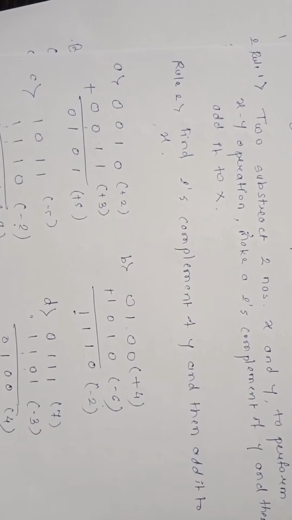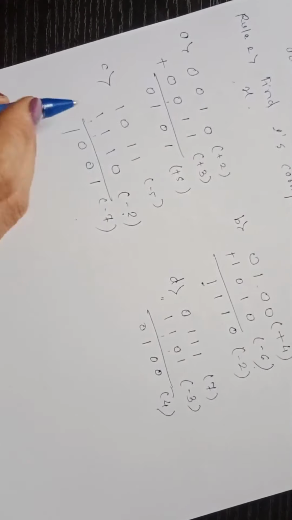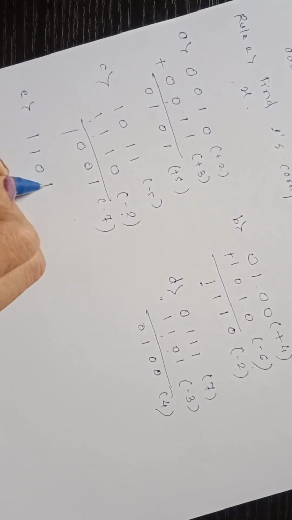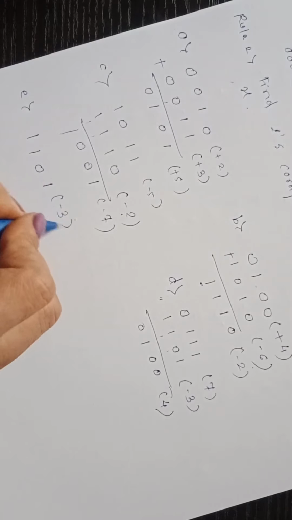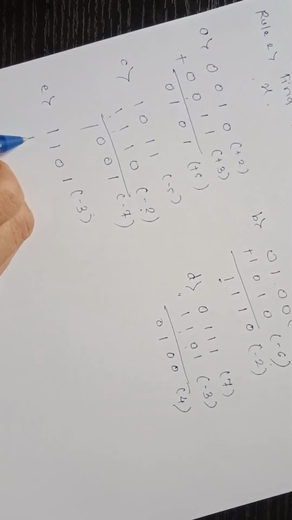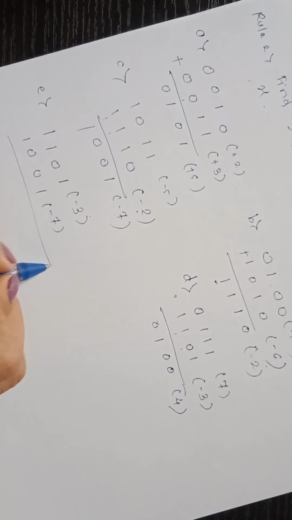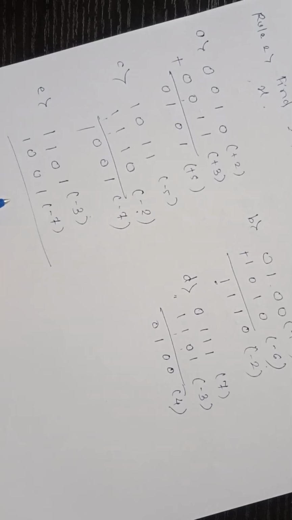Now let's see another example: 1 1 0 1. Now this is minus 3. After that 1 0 0 1. This is minus 7. Now what will be the result? Here first we have to find the 2's complement of y and then add it to x. Now what is the 2's complement of this y?